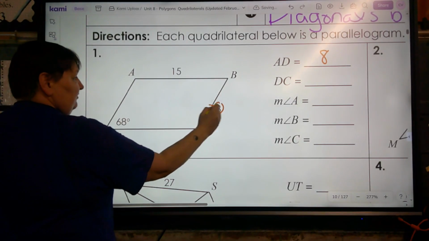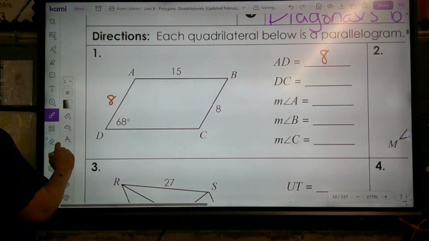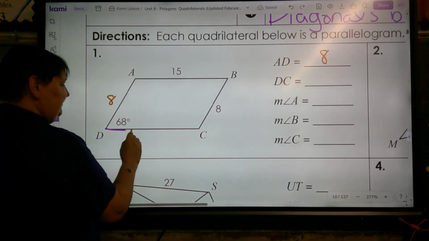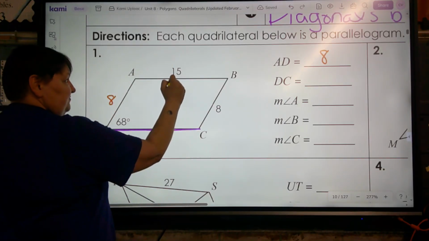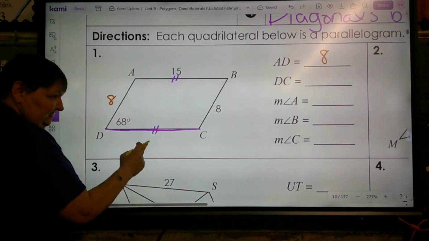Let's see what else we know. D to C is parallel, thus congruent. If this is 15, this is 15.